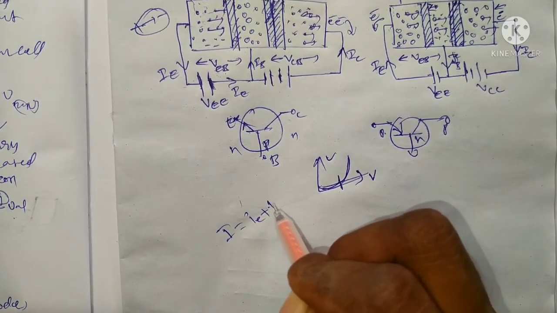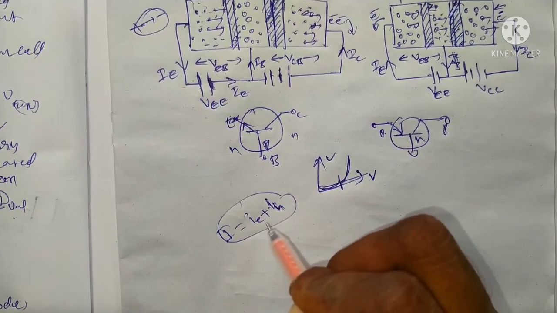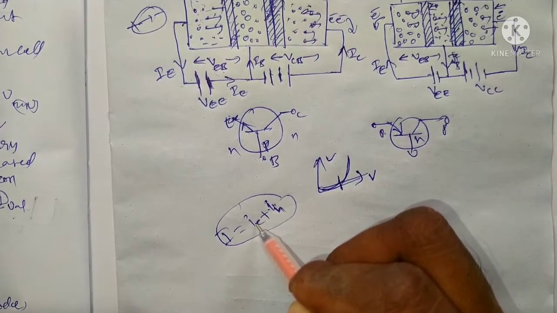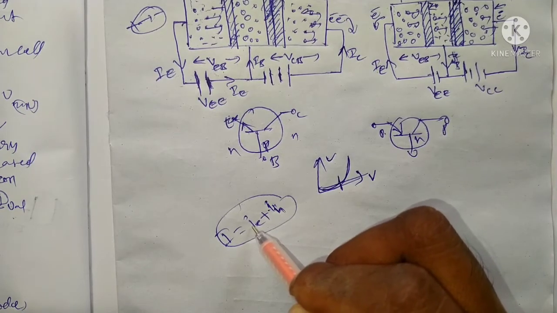The total current in the forward bias diode is the current due to electrons plus the current due to holes. That is the emitter current also.